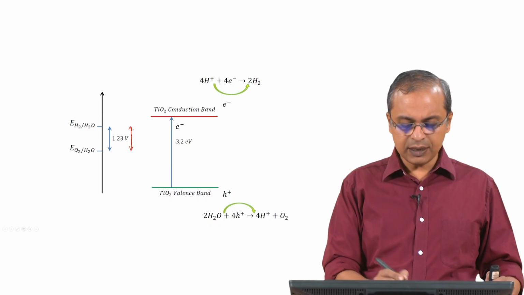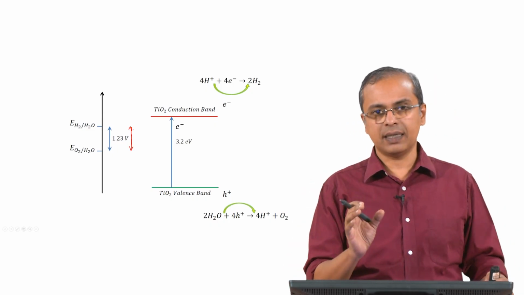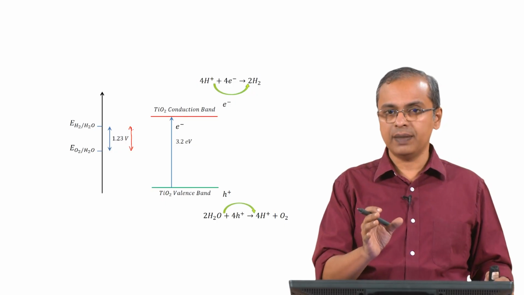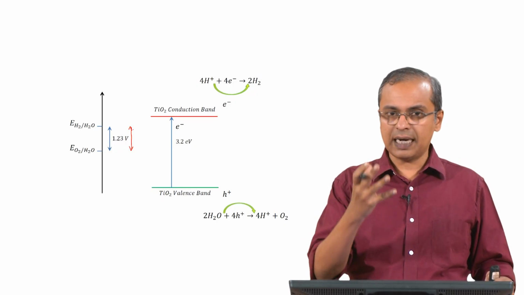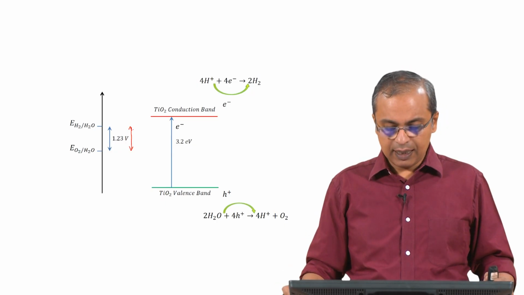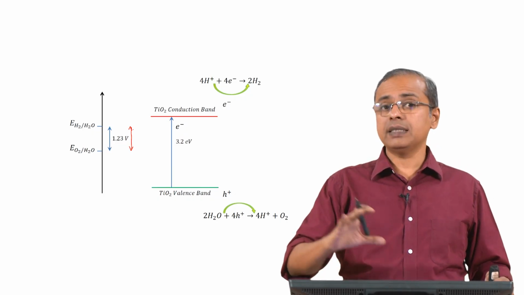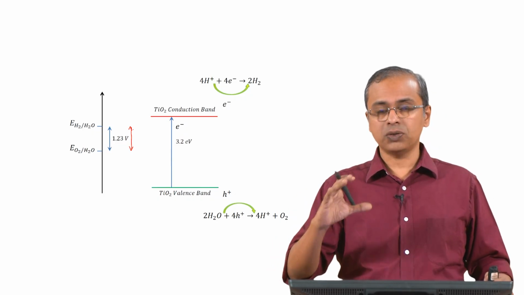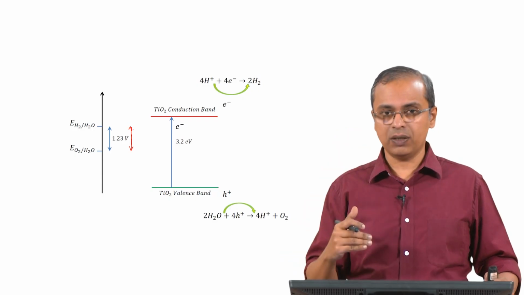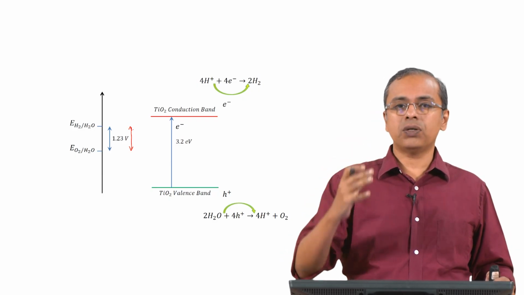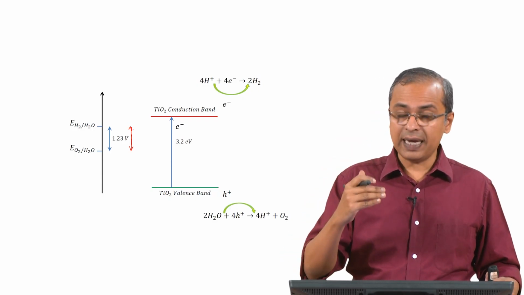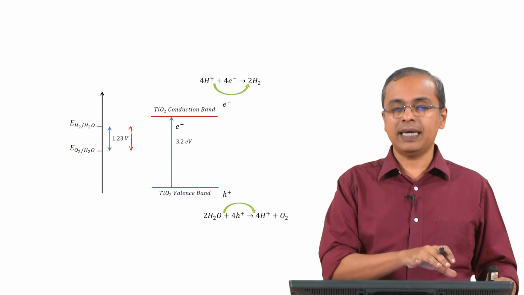This difference in potential is what you have to provide to water to start splitting the water. Now you are using some photocatalyst, so you are generating an electron and you are generating a hole. Where should those electron and hole be in terms of energy for them to enable this reaction to happen?